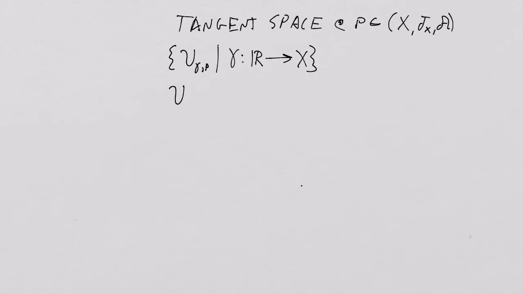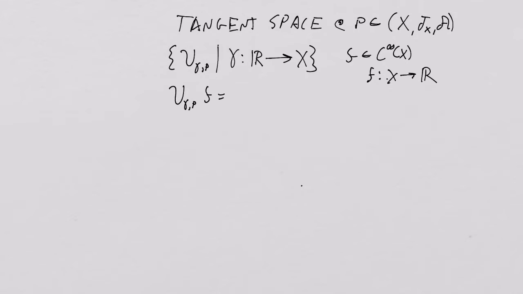And the way these velocities, which is what we're calling them, work on functions, where f is an element of the smooth functions on the manifold that take points on the manifold to the real numbers.